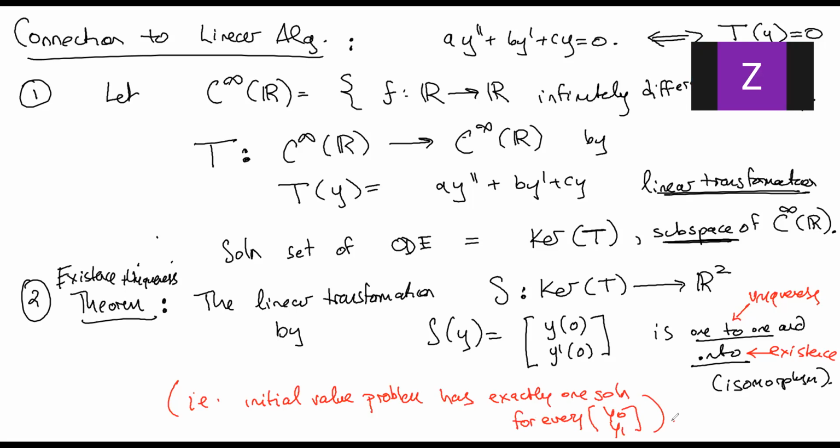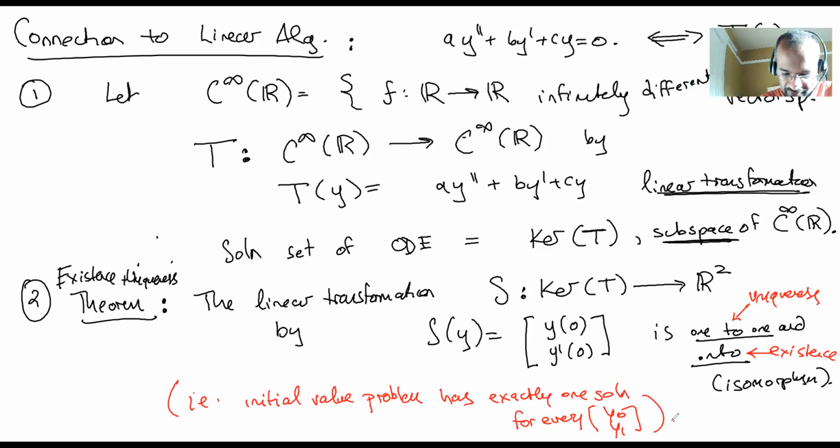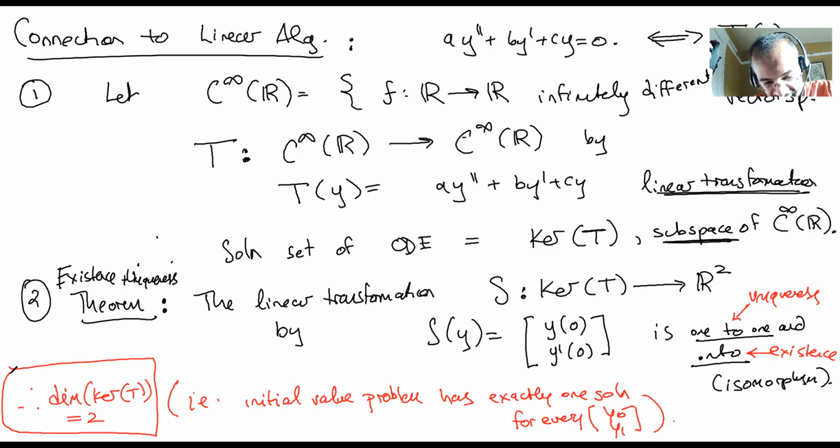This theorem, whose proof is a bit beyond the course, but maybe I'll say a little about it next time, tells us the dimension of the solution space is 2. That is a highly non-obvious fact. You write down this equation where the unknowns are functions, and this linear algebra fact that S is an isomorphism tells you that the solution space of such an equation always has 2 dimensions.